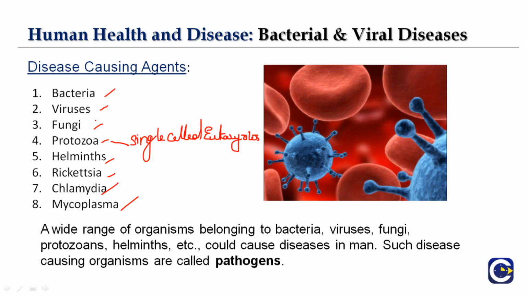Next, coming on to Rickettsia, they are a diverse collection of obligately intracellular gram-negative bacteria. So one thing that I'd like to mention here, bacteria can be classified into gram-positive and gram-negative. You can ask me, what is this gram-positive, gram-negative?